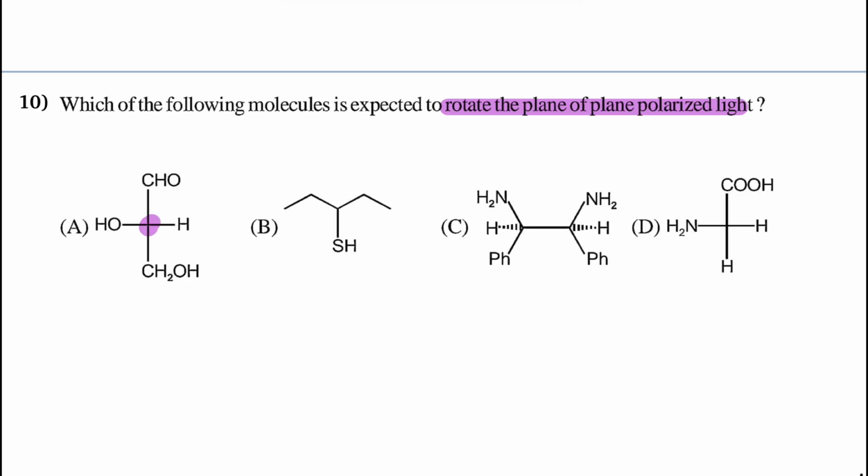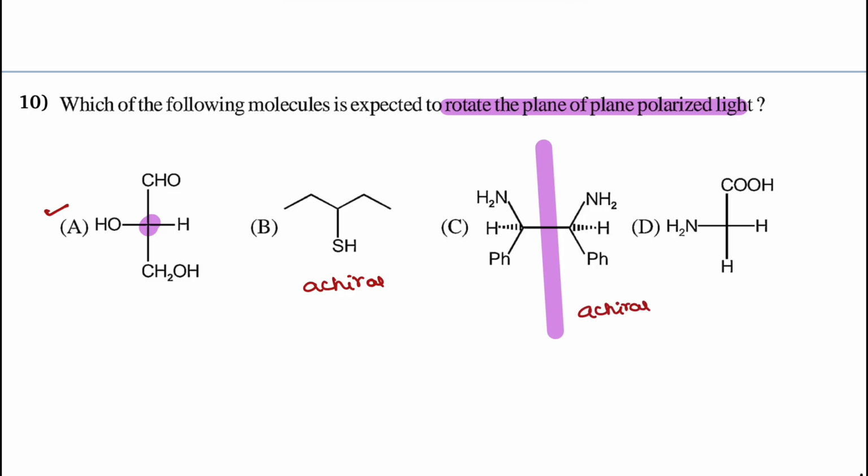Definitely A rotates. But here this is achiral because there is no chiral center. But in the next one, there is a plane of symmetry. If you cut the molecule like this, it is divided into 2 equal halves. And of course, it is having POS, it is meso structure. This is optically inactive. So this is achiral.